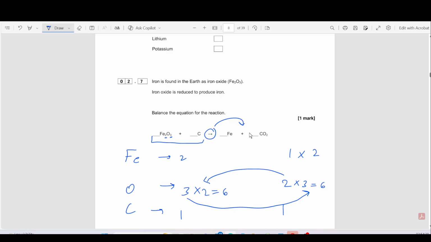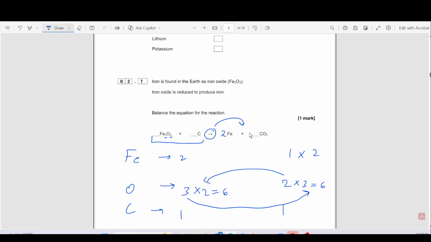If I put 2 here, I have 2 iron, but then oxygen is 6 there, right?